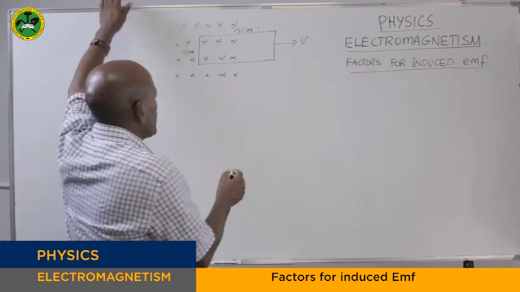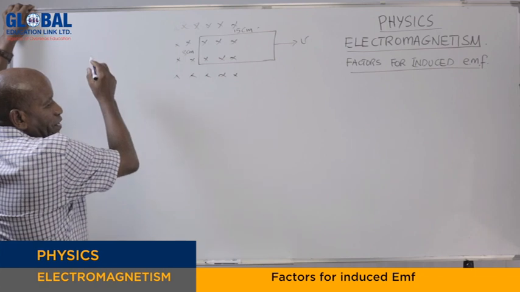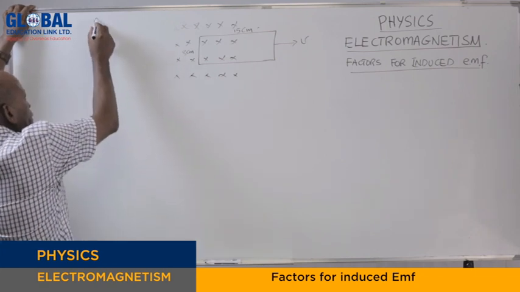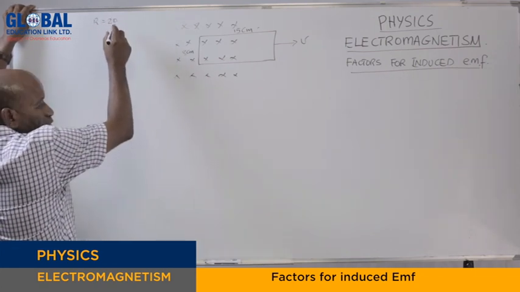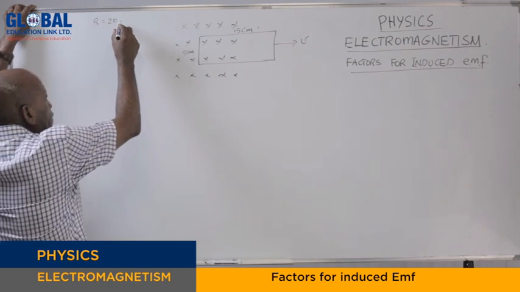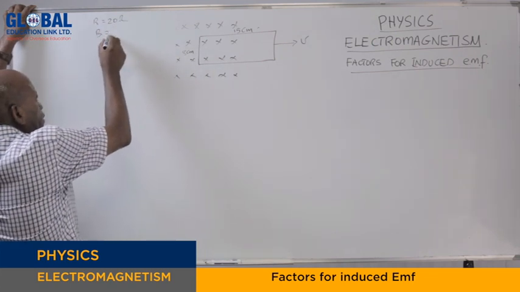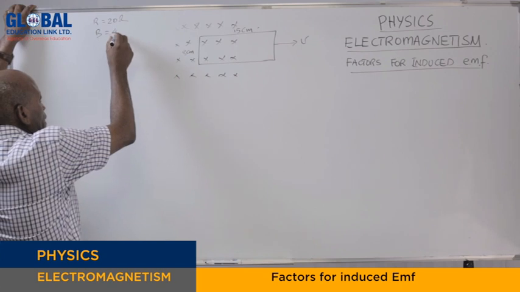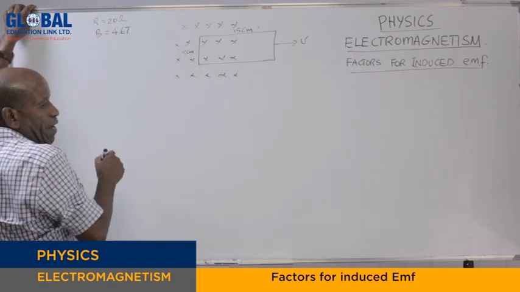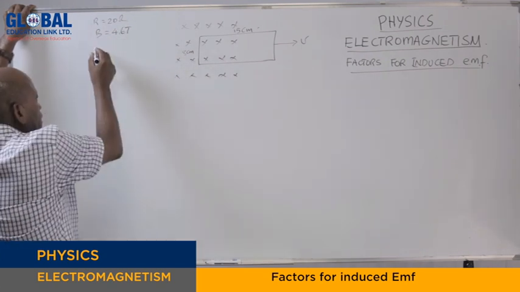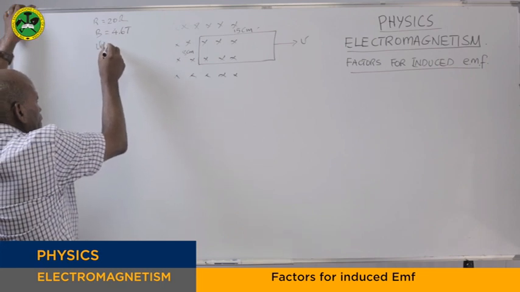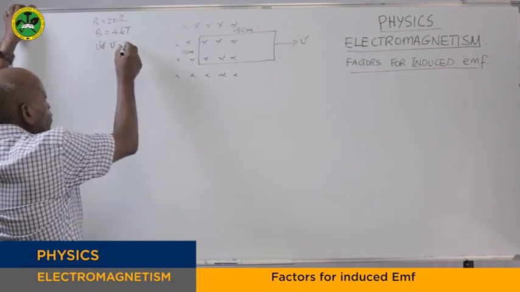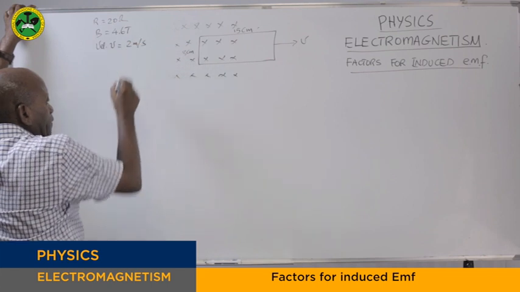What is given here is the resistance, which is 20 ohms. The magnetic field is 4.6 Tesla, and the velocity v of movement is 2 meters per second.